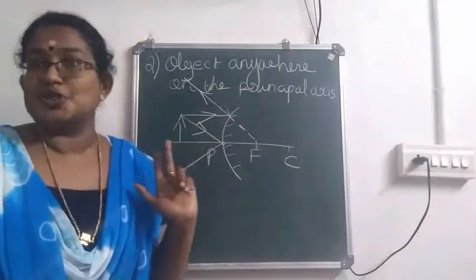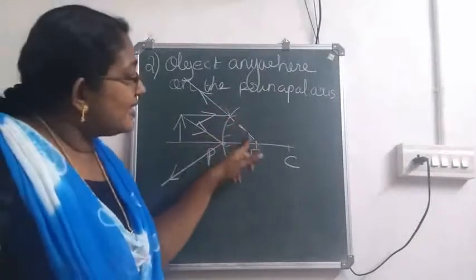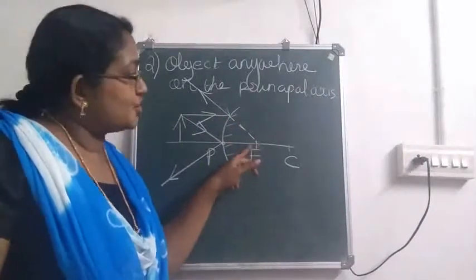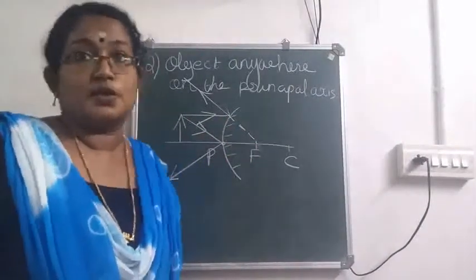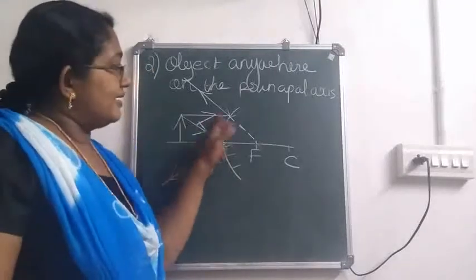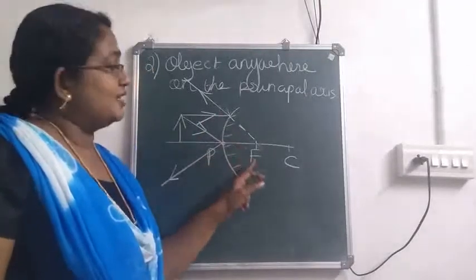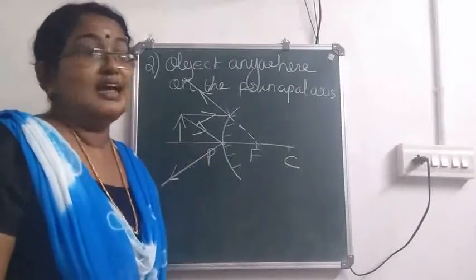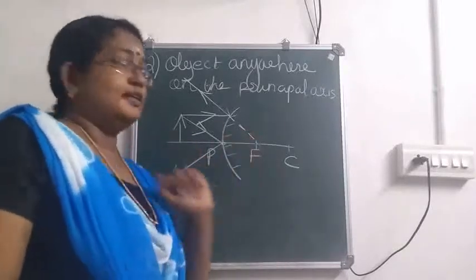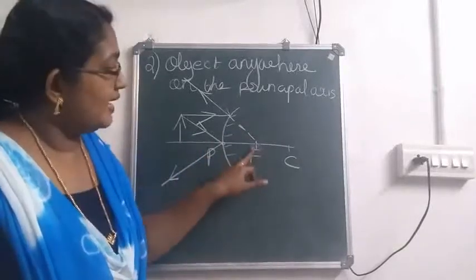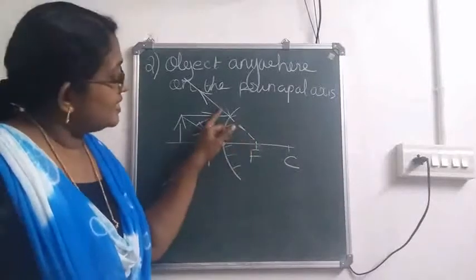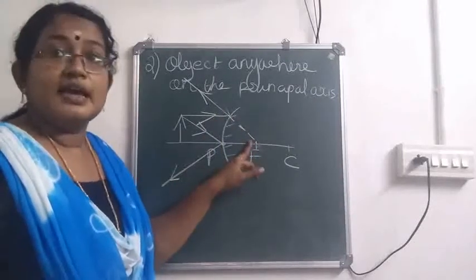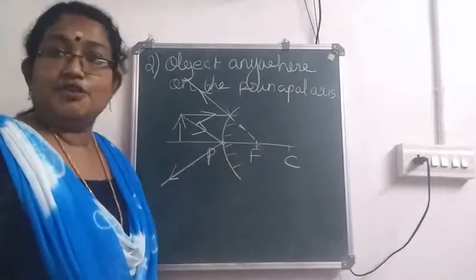It is not actually coming from the focus. We are extending it in the backward direction so that it meets the focus. So in the case of a convex mirror, a ray parallel to the principal axis after reflection appears to come from the focus. That is why I have drawn it like this. Just extend the ray backward so that it hits at the focus.